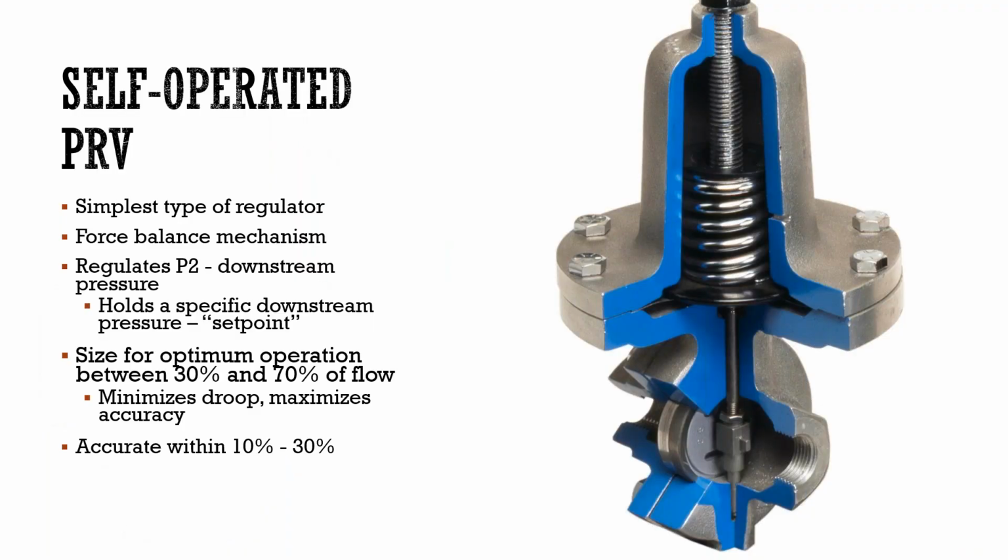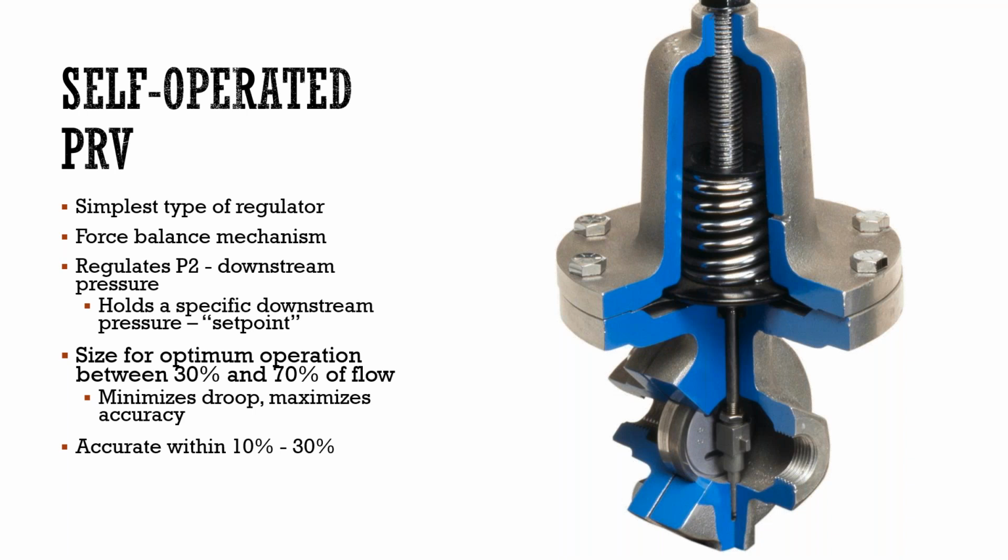Self-operated, simplest type of regulator. We talked about the fact that it's a force balance mechanism where our regulated or controlled variable is P2, or the downstream pressure, and it holds a specific downstream pressure or the set point. Size for optimum operation between 30% and 70%. So you're going to size a regulator just like you size a control valve.